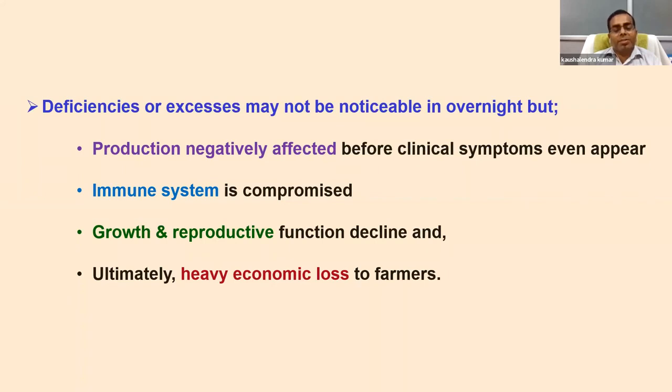There is a heavy loss to the farmers due to excess or deficiency of minerals. To overcome this problem, the farmer must continuously offer the required amount of mineral mixture to sheep and goat.